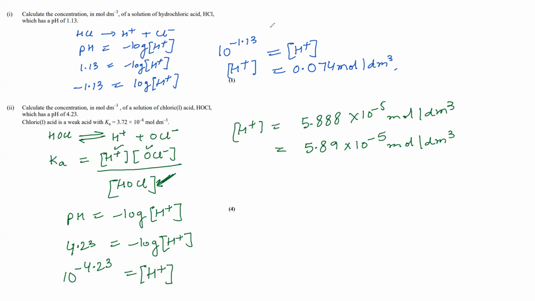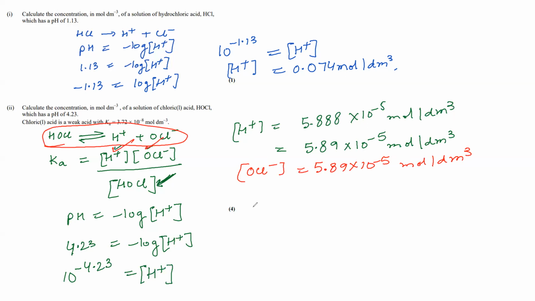Now see this equation. H positive and OCl negative are equal, correct? So the OCl negative concentration would be 5.89 into 10 to the power negative 5 mole per decimeter cube. So we got this value and this value. Now we have Ka also.